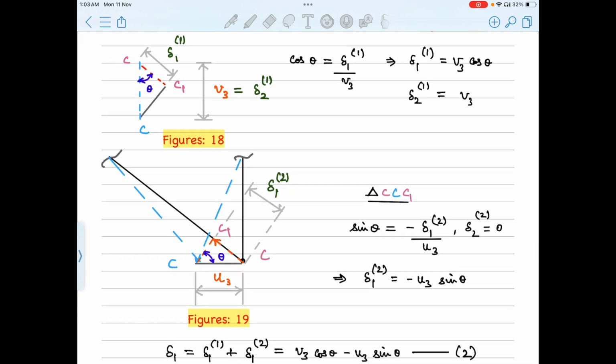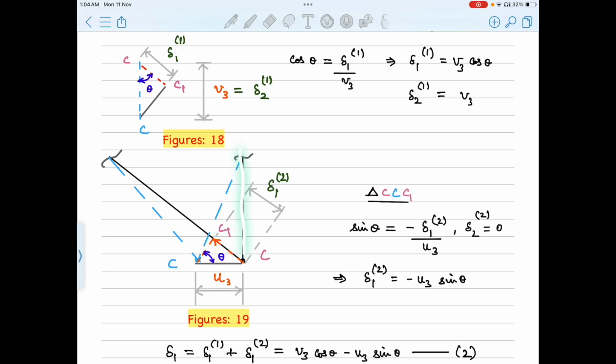Let's say this reduction in length is delta 1,2. So from C1, right? This is C1 because this is the reduction in length after this application of U3. So now from C1, we need to draw a perpendicular line, so that it intersects the perpendicular line drawn at the end of undeformed member BC.